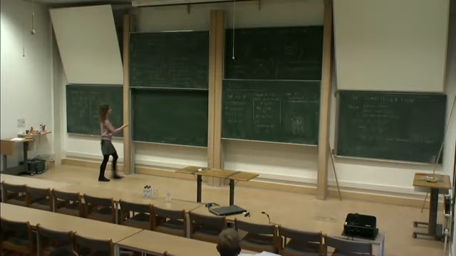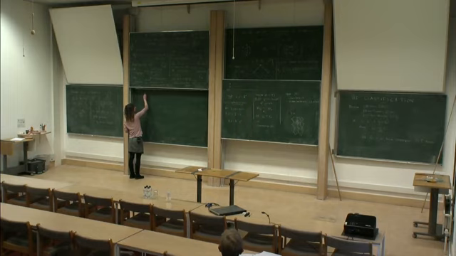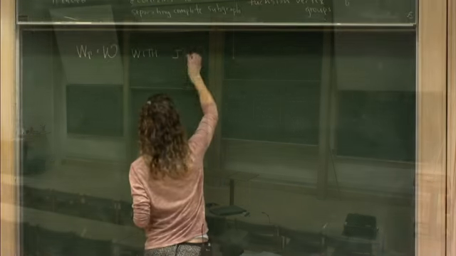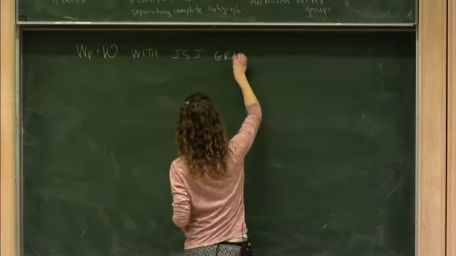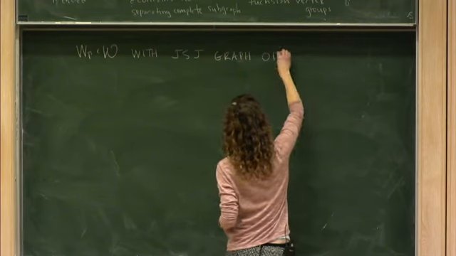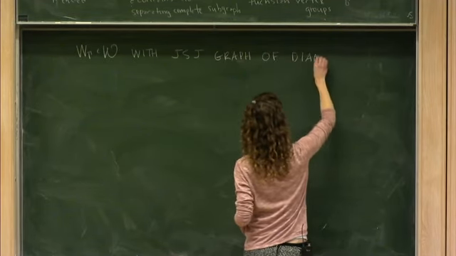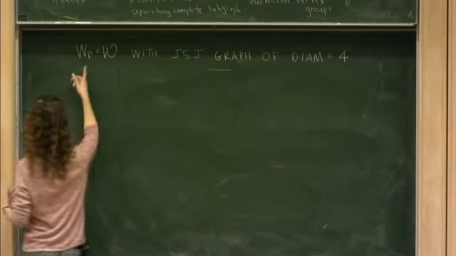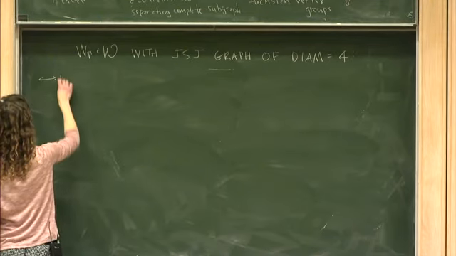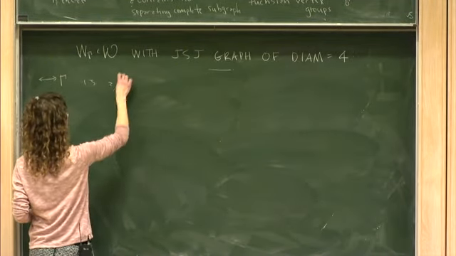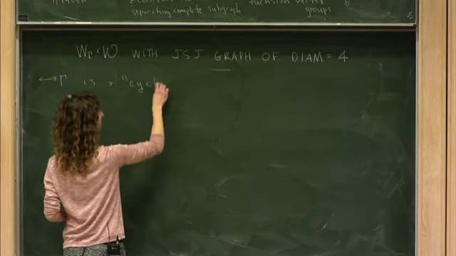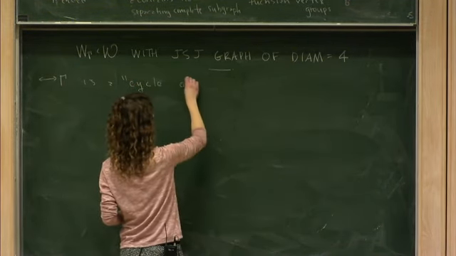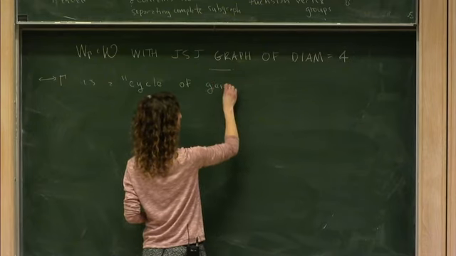Okay, so what about the groups in this class with JSJ graphs of diameter equal to 4? These are exactly the right angle Coxeter groups whose defining graph is a cycle of generalized theta graphs.